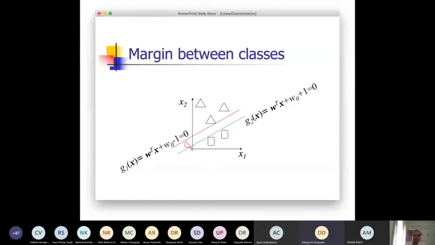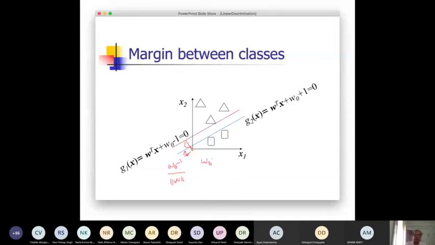W naught minus 1 by norm of W. Yeah, you are right. So this distance is W naught minus 1 by norm of W. Is it clear? What about this distance? For this hyperplane, I am also computing the distance from the origin. W naught plus 1 by norm of W.